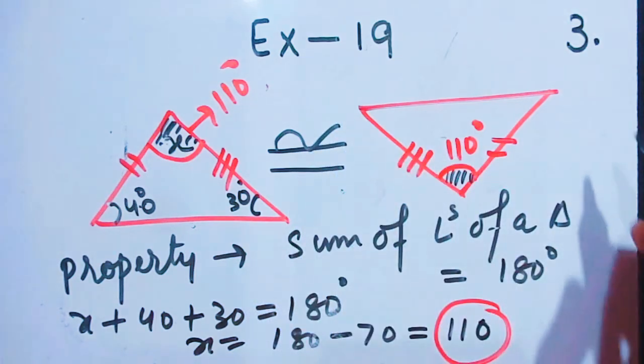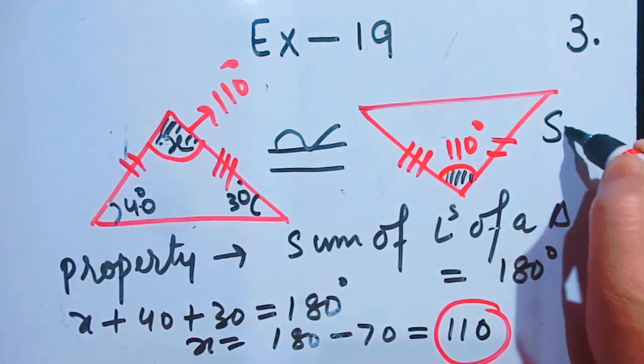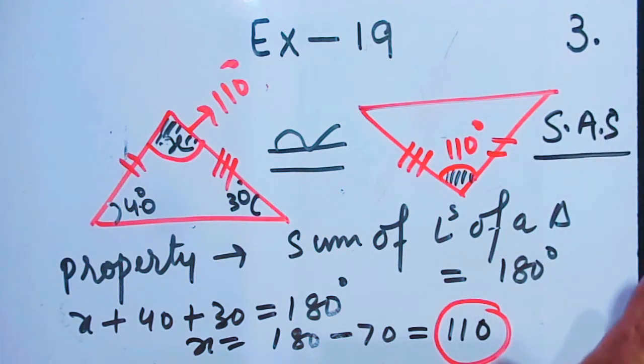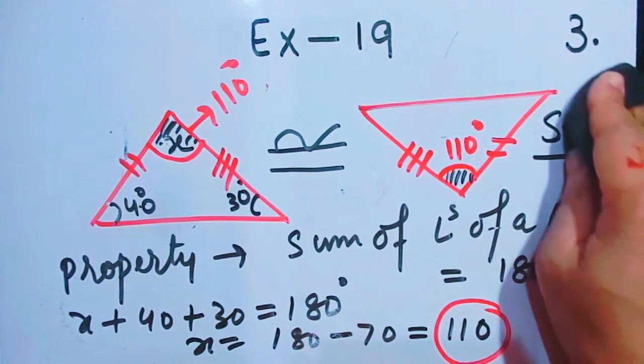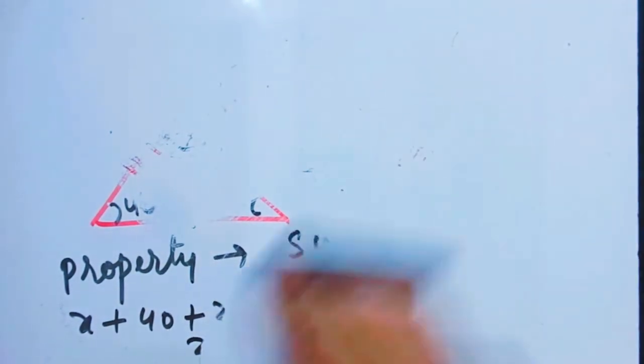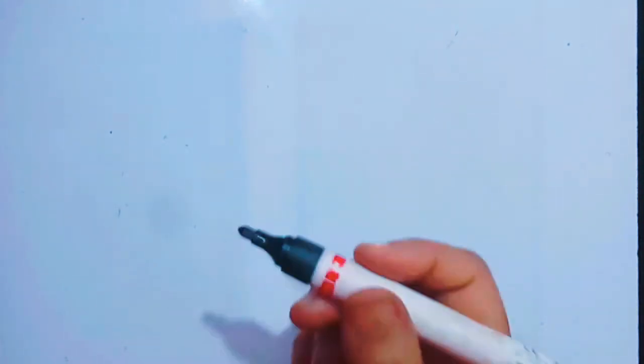By which criteria? By side angle side criteria. Isn't it? That is why I say that these sums are quite easy. In fact, very easy. Why? Because we have already learnt the conditions or rules which we shall be applying in each and every triangle.